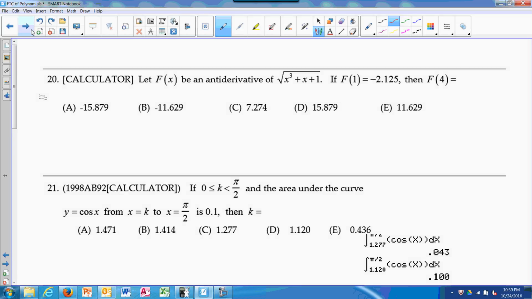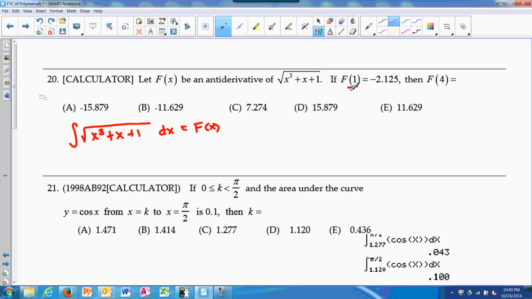Okay, similarly, we have capital F of x is an antiderivative. So if I take the antiderivative of the square root of the function x cubed plus x plus 1 with respect to x, I get capital F of x.